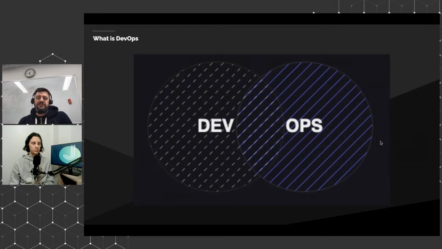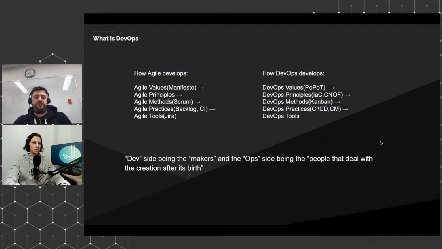In this way we can provide other goals for both roles, both teams. It's about collaboration. It was always about collaboration. One of my favorite definitions, not from Wikipedia: developers are the makers of the code, and operations are the people who deal with this code after its birth.